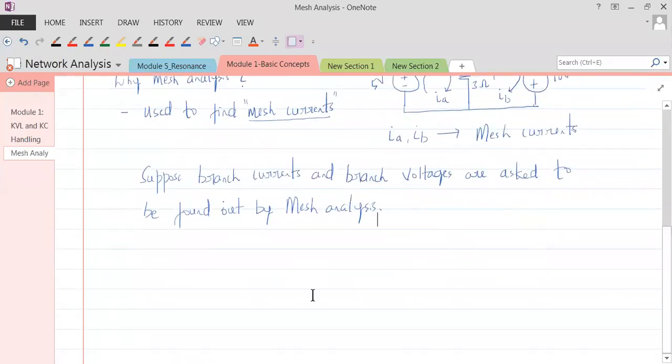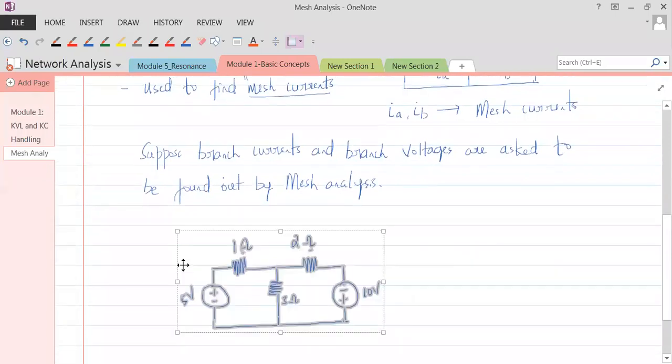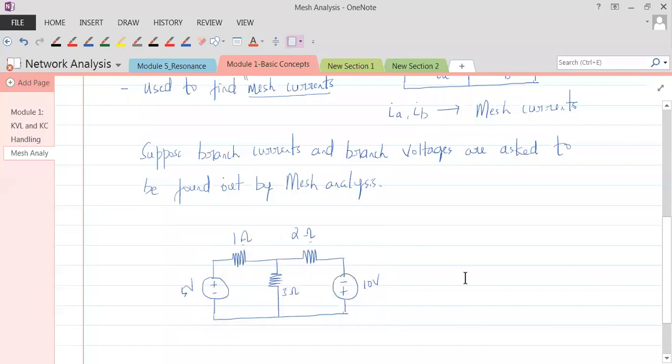Okay, so let's take the same circuit diagram here again. Fine. Now just understand this, everybody. Okay, now here is one current. Let's say there is a current I2 flowing and there is current I3 flowing. Get this point?